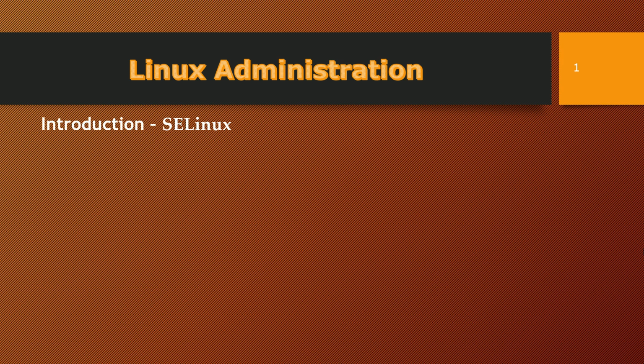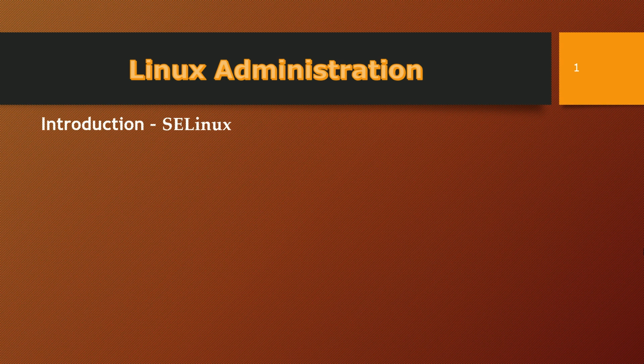With the help of SELinux, we can put limits on and instruct server daemons like FTP, HTTP, SMTP, Samba, on what files they can access and what actions they can take, by defining a security policy. So this is a brief introduction about SELinux.